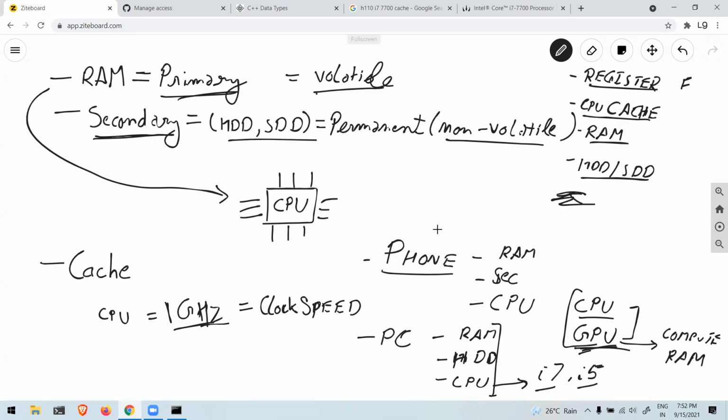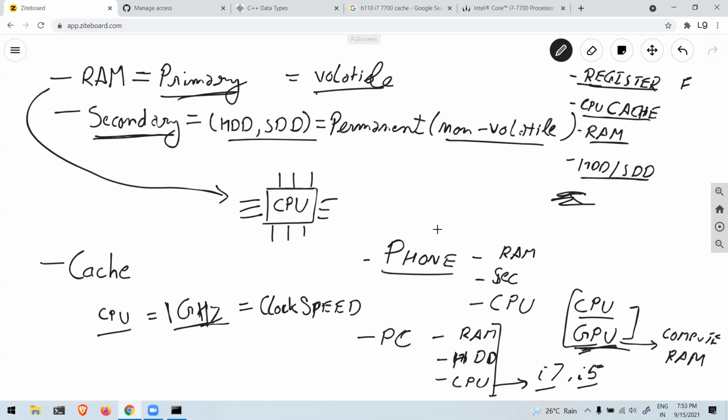Just keep that assumption. Each of these memories has its own clock speed. The CPU has its own clock speed, which is at the peak. Registers, since they are part of the CPU, work at the same clock speed as the CPU. So when your CPU has to fetch data from a register, it works at the same speed that the CPU is working. That's the best you can get.